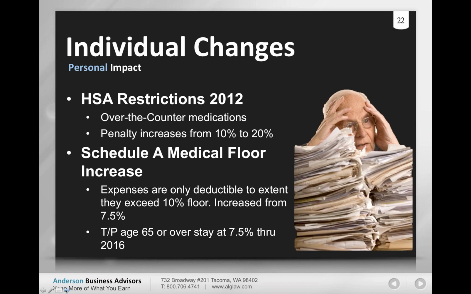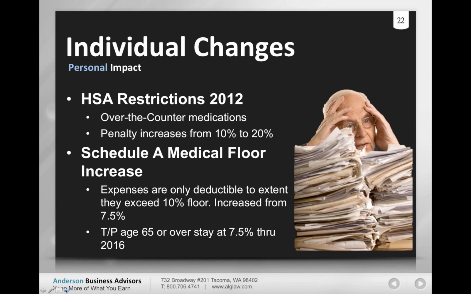All right. I think the bigger kicker here that I wanted to mention is that for those of you who are running your medical expenses through the Schedule A of your 1040 instead of through your medical reimbursement plan of your C corporation, I think you're missing the boat.